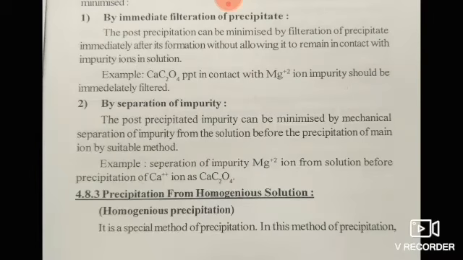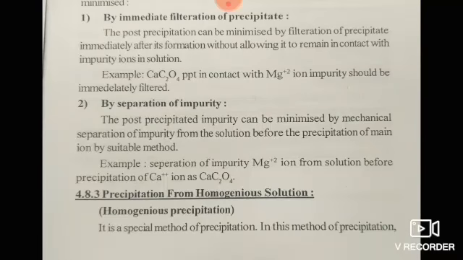So first remove the post precipitation impurities before the formation of the main precipitate. By mechanical means, we can minimize post precipitation. The example is separation of impurities, that is Mg2+ ion, from the solution before precipitation of Ca2+ ion as calcium oxalate precipitate.